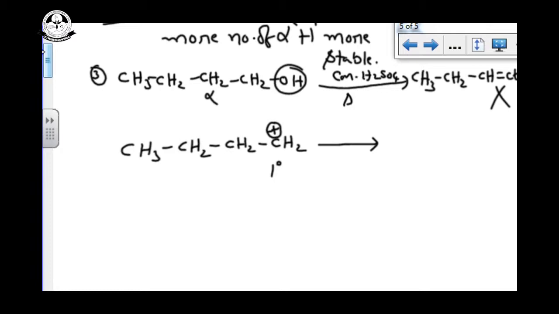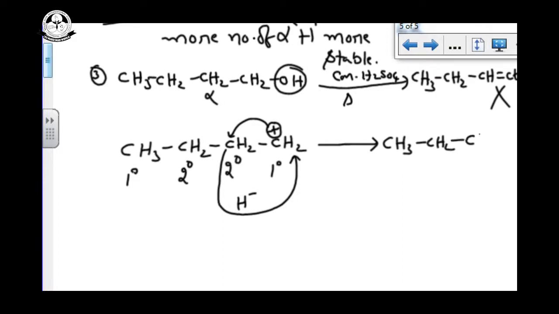If the cation charge shifts to the second carbon, you can observe this is a secondary carbon, and secondary is more stable than primary. So for this shift, from the second carbon I remove H minus and add it to the first carbon. Carefully observe, from the second carbon I am taking H minus and adding it to the first carbon. So it is CH3, CH2.